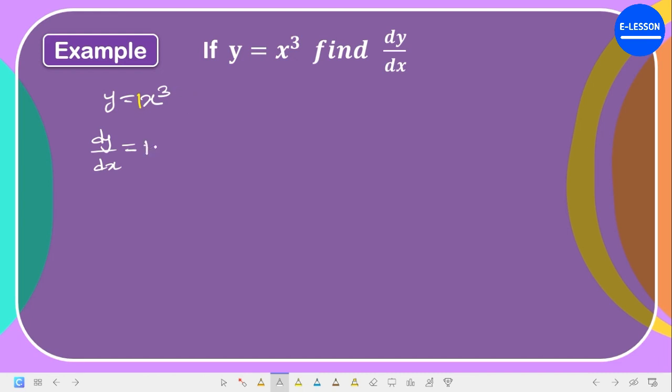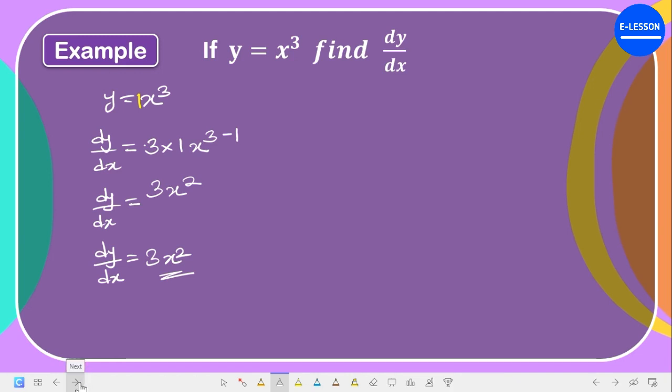This gives us 3 times 1, then x^(3-1). 3 times 1 is 3, then x^(3-1) is x squared. So the final answer here is dy/dx is equal to 3x squared. That is the solution to this question. Let's take more examples as we proceed with this quest.